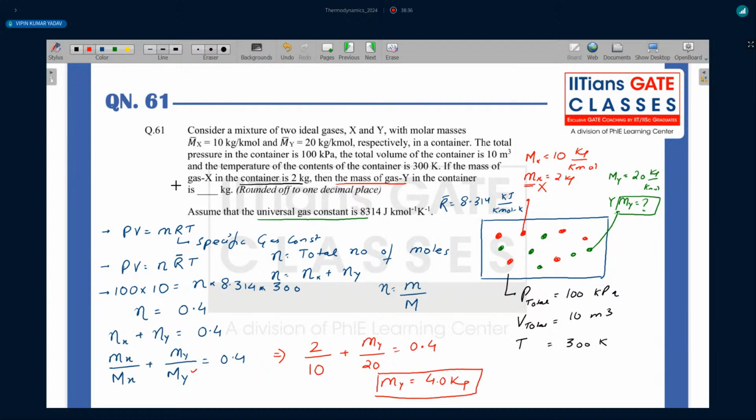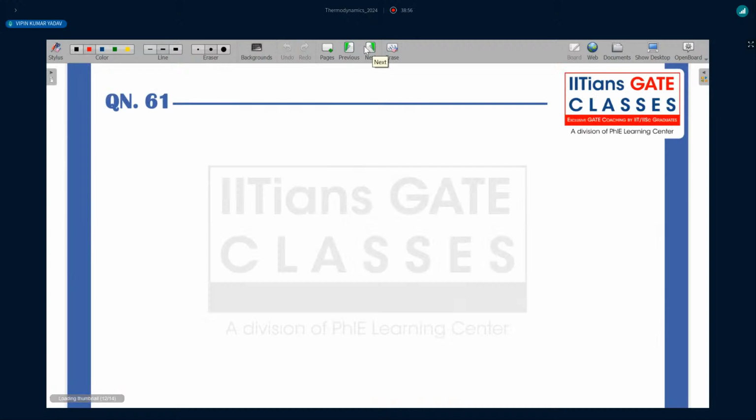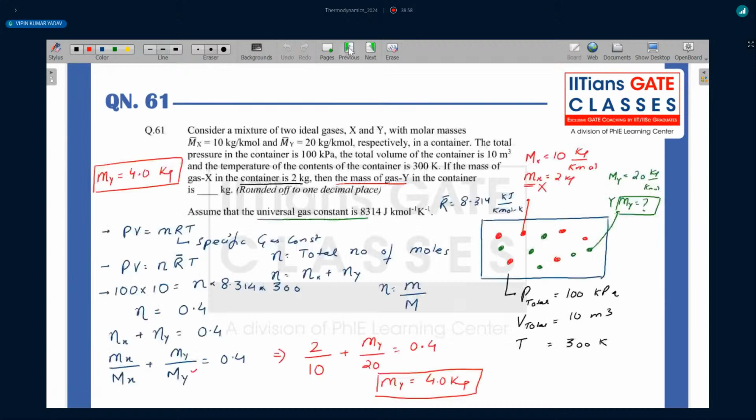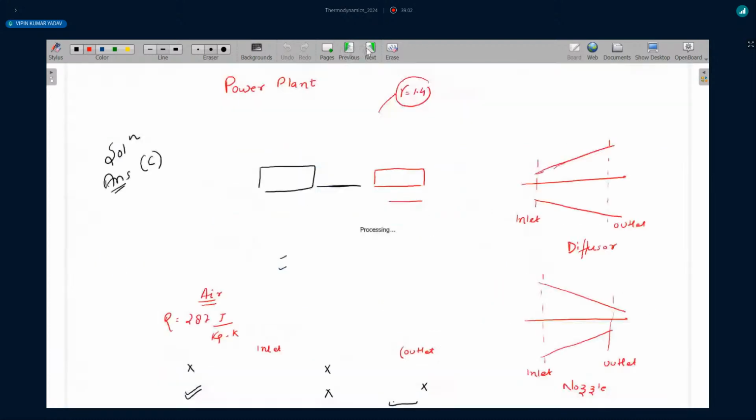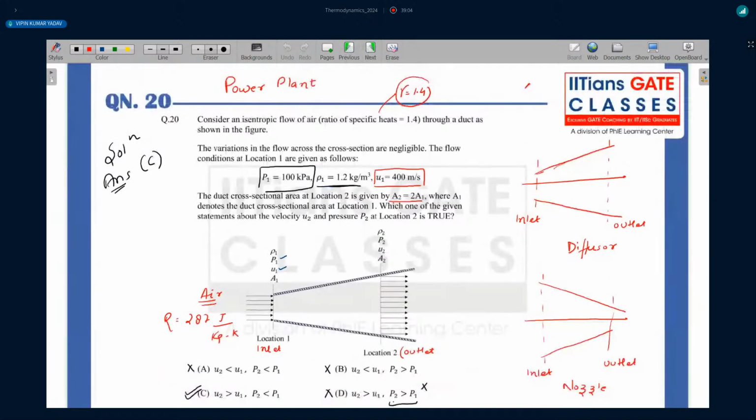Okay, the answer is My is equal to 4.0 kg. Okay, I hope it is clear. Okay, sure. So this was the last question that was asked from thermodynamics. And so how many questions came? If we talk, the first question is of 1 mark.